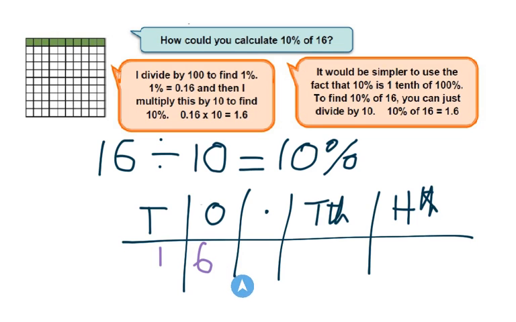So our 6 is going to move one place to the right. Remember, we don't include the decimal point column. That stays where it is. So we move one place to the right. So my 6 is going to move to here. My 1 is going to move to here. 16 divided by 10 is 1.6, which means 10% of 16 is 1.6.